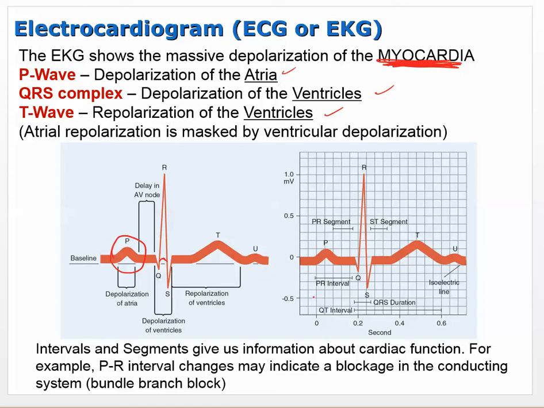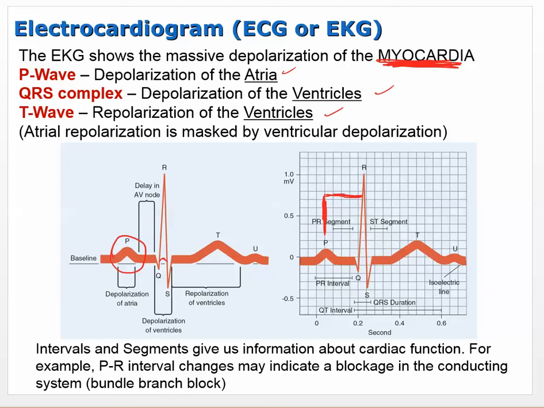Okay, so we can also tell something about intervals. If we have the P wave, which is depolarization of the atria, and then there's a long delay until the ventricles depolarize, think about that for a second. Depolarization of the atria means the atria are contracting. The SA node depolarizes and sends that signal down to the ventricles. What happens if we have a bit of a block and this is delayed?